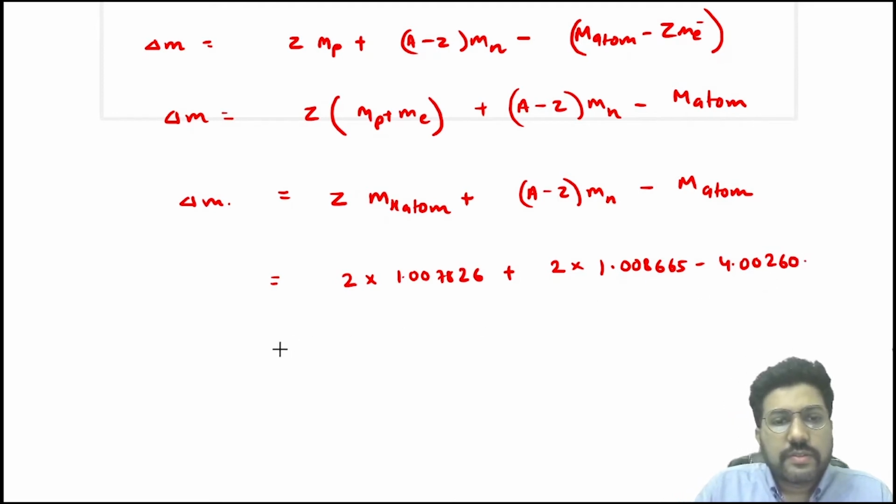Once you get the value of delta M, the binding energy is delta M multiplied by C squared.